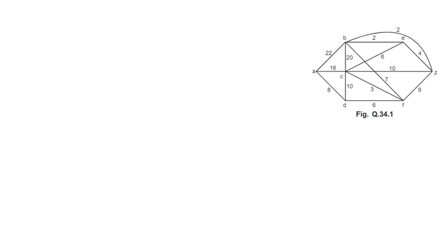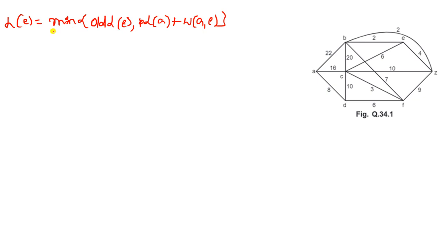Okay, now length of E is equal to minimum of old length of E value comma length of A plus weight of A comma E. Now check minimum, is there any old L of E value? No, so it is infinity, and length of A is 0, and plus weight between A to E. So is there an edge between A to E?